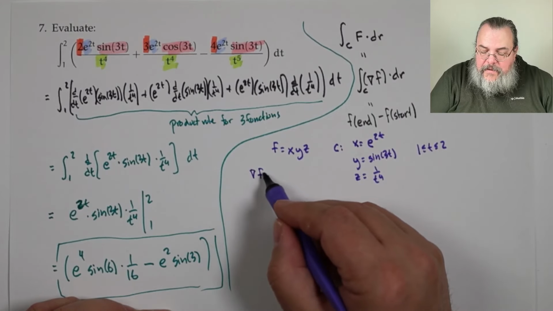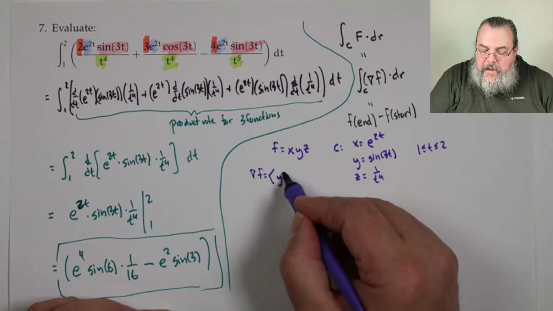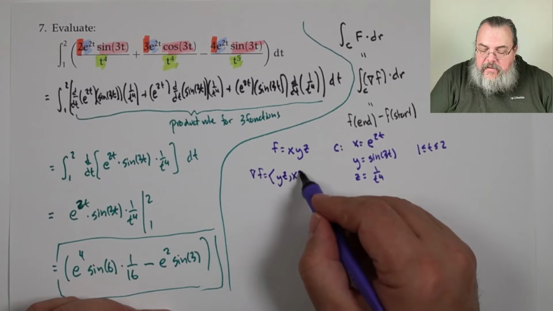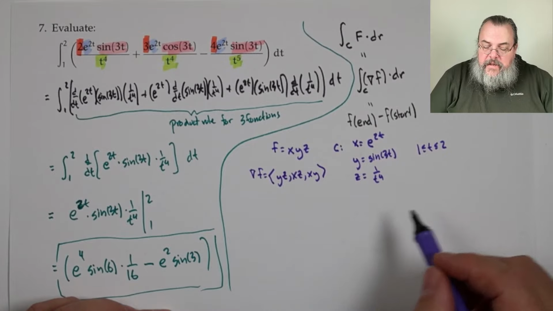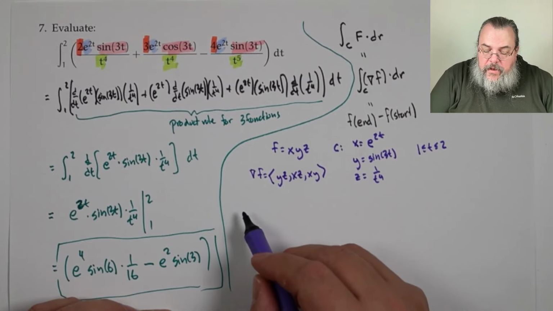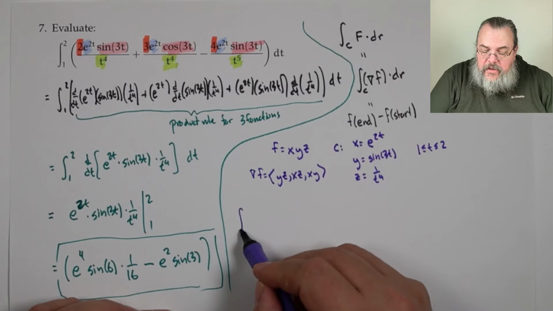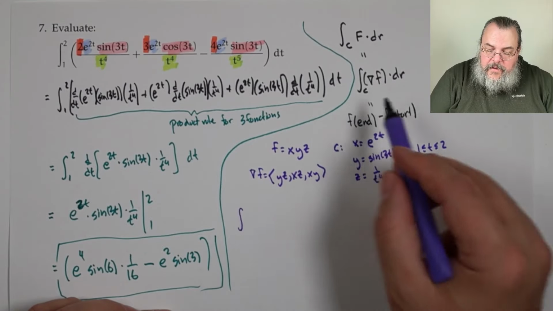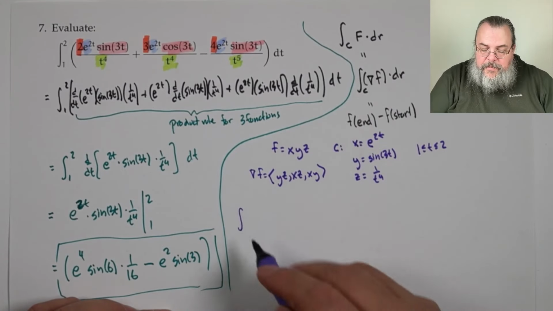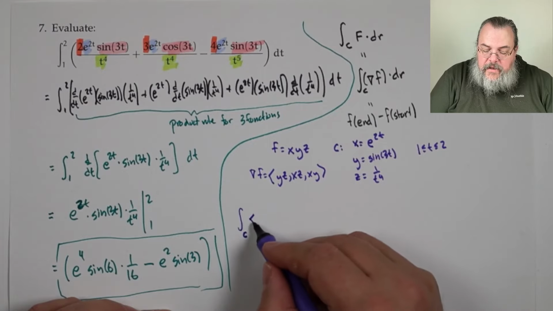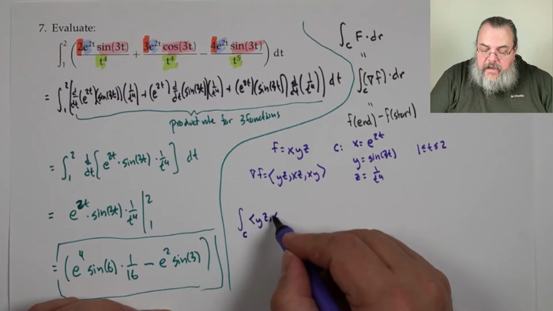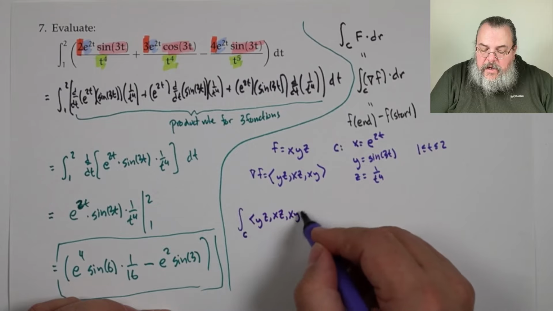Gradient of f, well, that's our yz, comma, xz, comma, xy. And so what do we get? Well, this becomes the integral along the curve of, well, so we're going to put everything in terms of t eventually, but we have integral along the curve of yz, xz, xy.